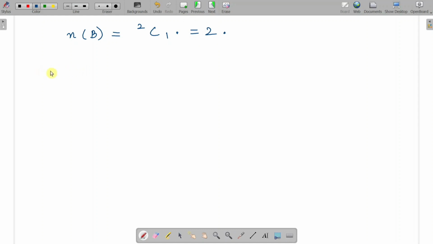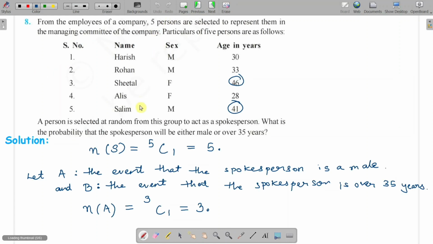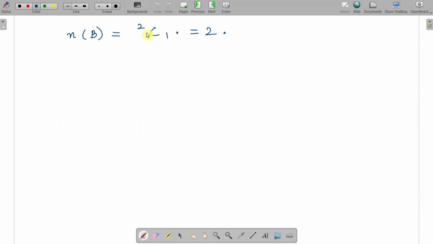So now let us look at what we have to find. What is asked is the probability that the spokesperson will be either male or over 35 years.